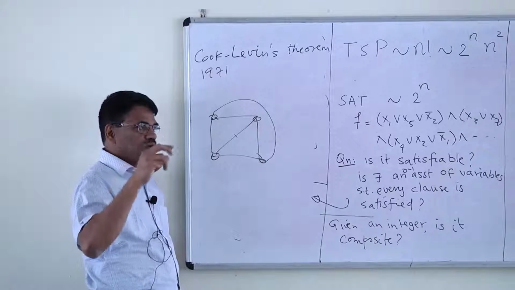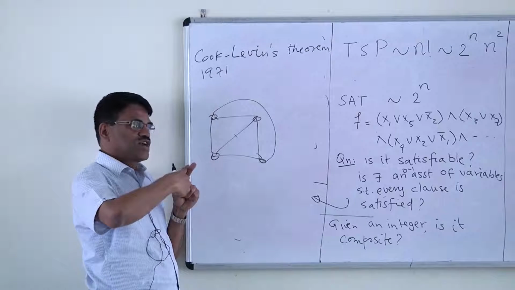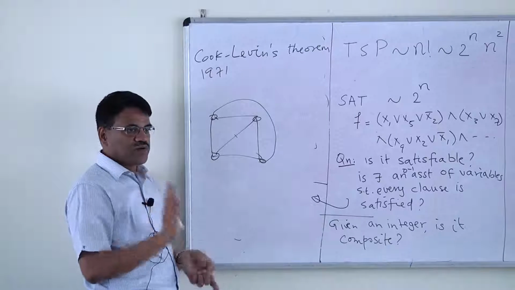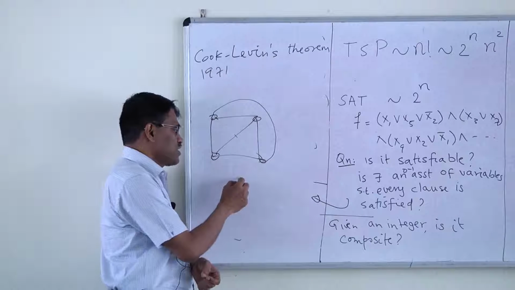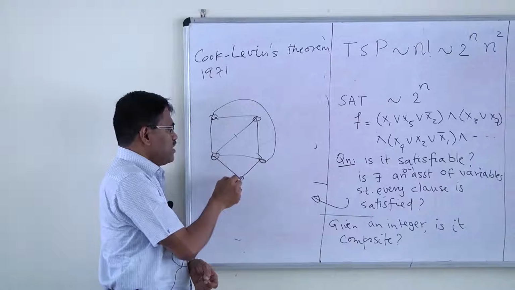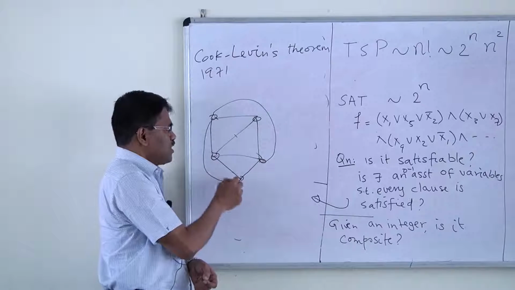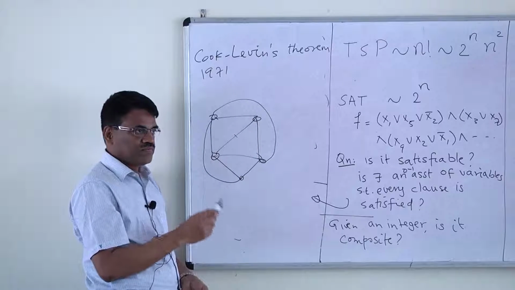It means I am drawing this graph in the plane with no 2 edges crossing each other except at a vertex point. But if I have one more vertex, a clique on 5 vertices, try and draw it in the plane. I can be adjacent to this. But if I want to make it adjacent to this, I have to cross some edge.